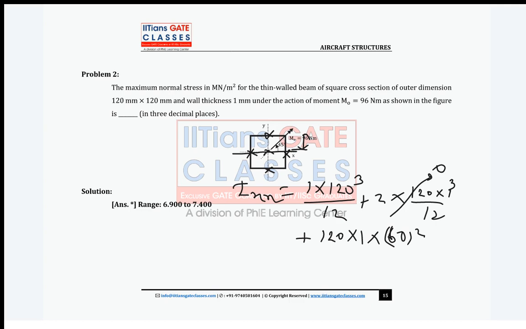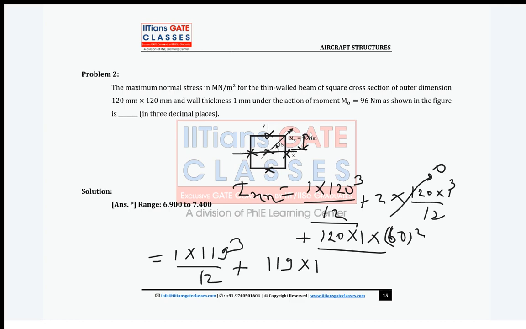Now guys, if you take the exact thin walled assumption, this is not exact, these are approximate. If you take the exact thin walled assumption, the outer dimension is 120, so what will the mean line dimension be? It will be 119. Yes or no, guys? It will be 119. So 1 into 119 mean line dimension cube by 12. Then 119 into 1.